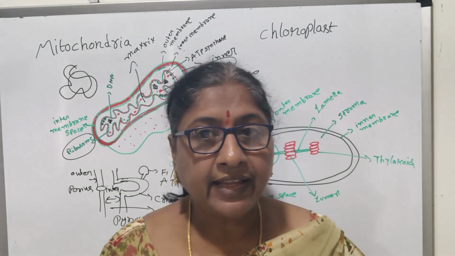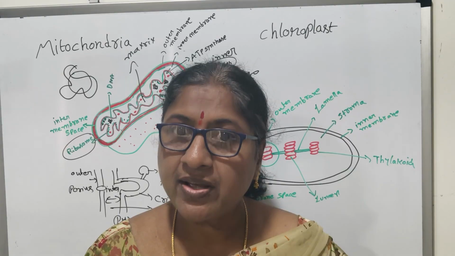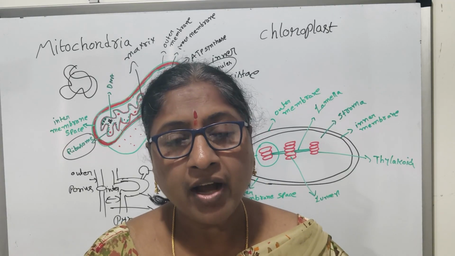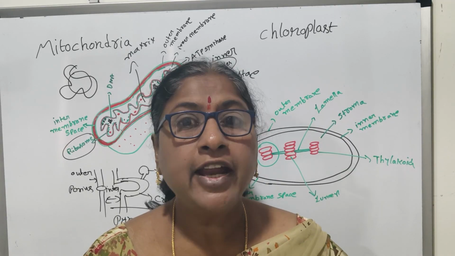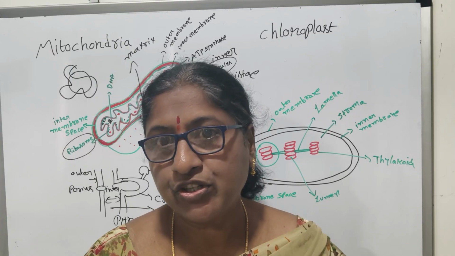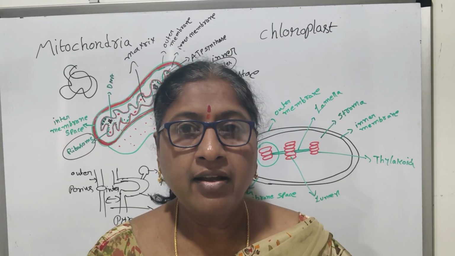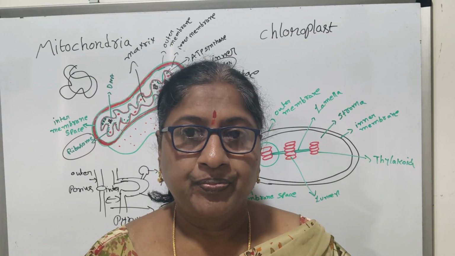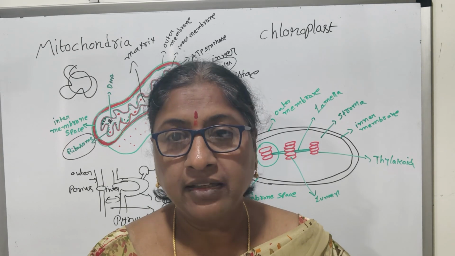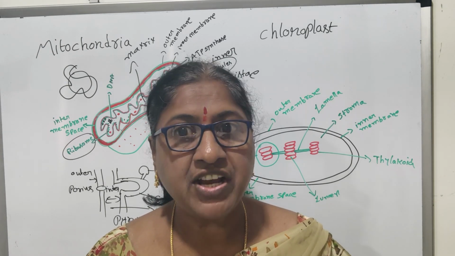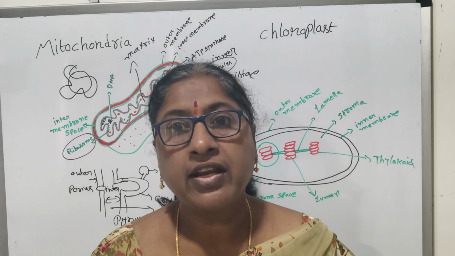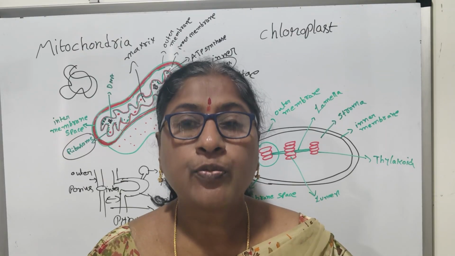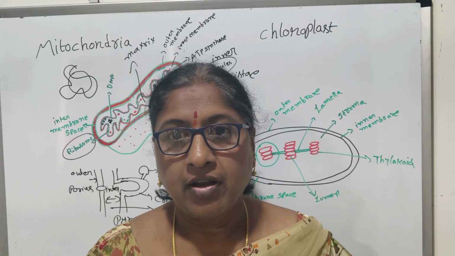Whatever it is, at the end, coming to the functions of the mitochondria, they are heat producers and ATP producers. Mitochondria are helpful in cellular signaling, cell differentiation, and also in apoptosis, that is the programmed cell death.